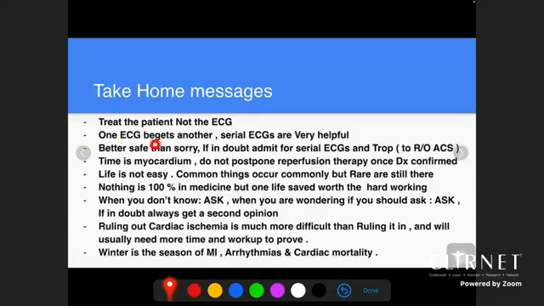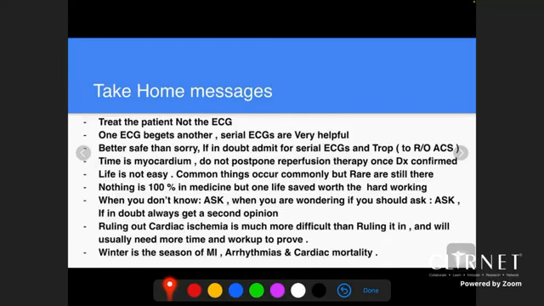Second is that one ECG begets another. Serial ECGs are very helpful. As we said earlier, if the patient is symptomatic and the first ECG is not diagnostic, it is very important to get serial ECGs. Better safe than sorry.